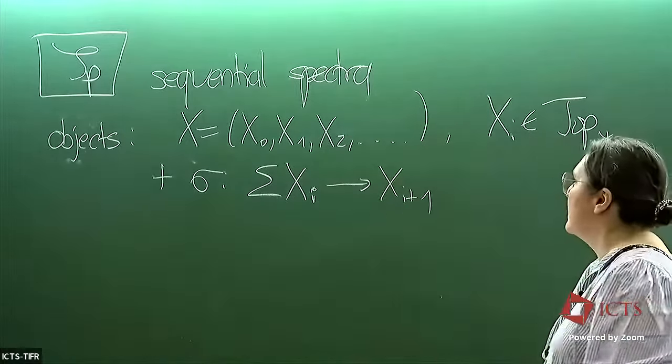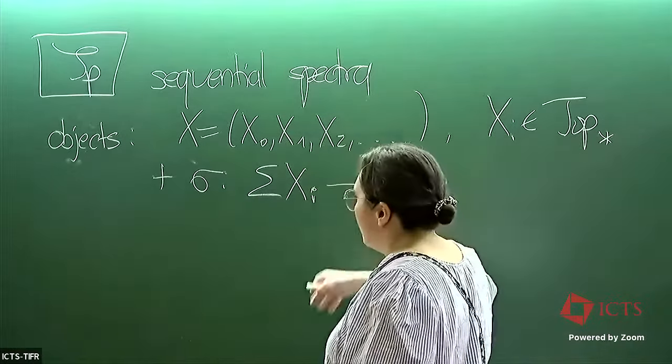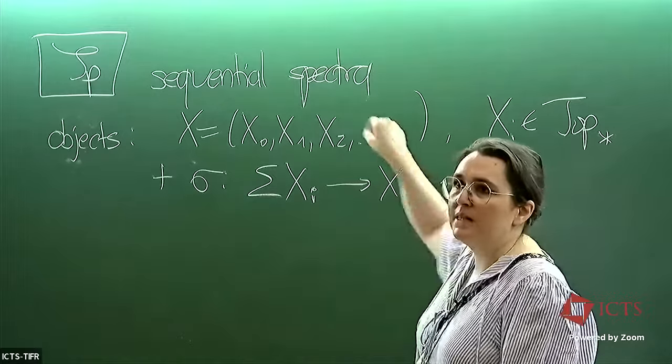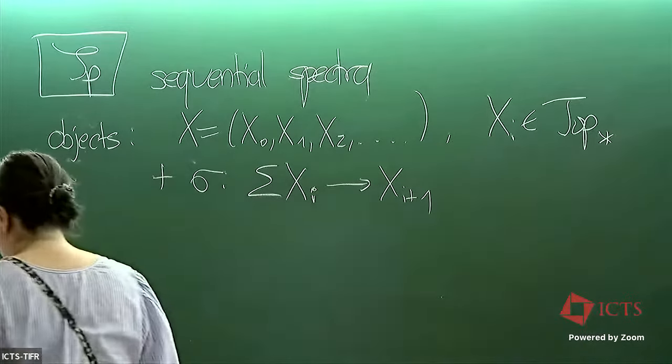And morphisms are going to be degree-wise maps of pointed topological spaces that commute with the respective structure maps in every degree.